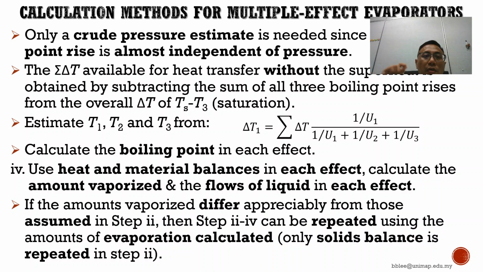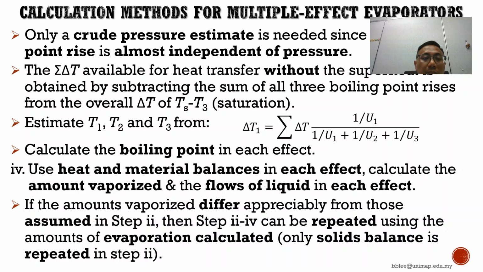The first effect will have a higher temperature and pressure, the second slightly lower, and the third much lower. But the impact of pressure on the boiling point rise is negligible, so we can assume the same boiling point rise.